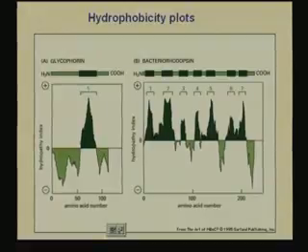So, when we do these plots for, say, glycophorin in this case, we consider here the hydropathy index that has a negative value here and a positive value here. We have the specific amino acid number along the x axis. In this case, what we see is that there is one transmembrane segment. The single transmembrane segment is determined by the positive hydropathy index in this hydrophobicity plot.